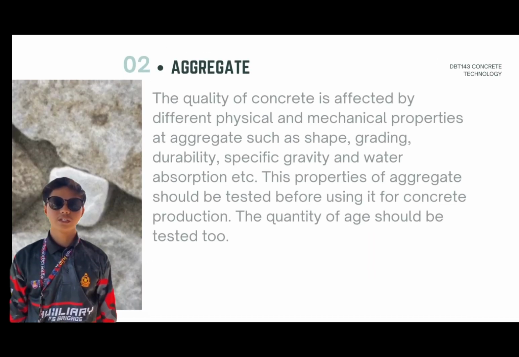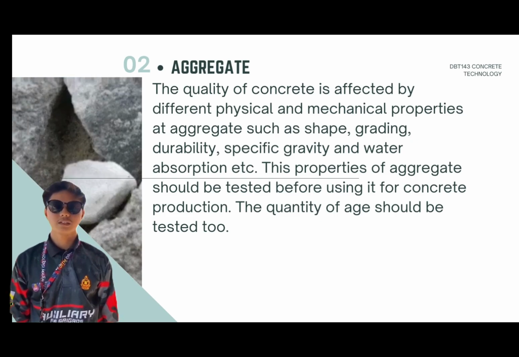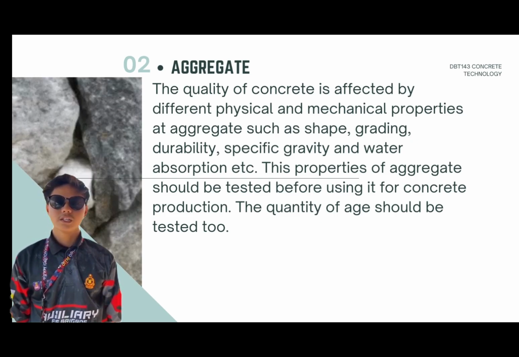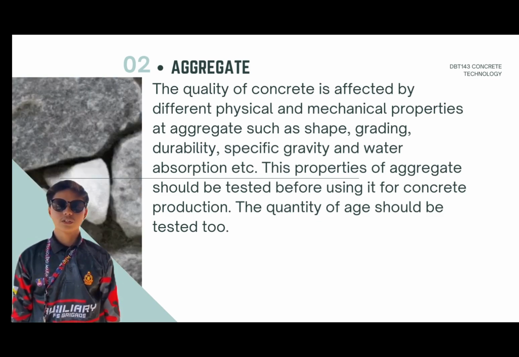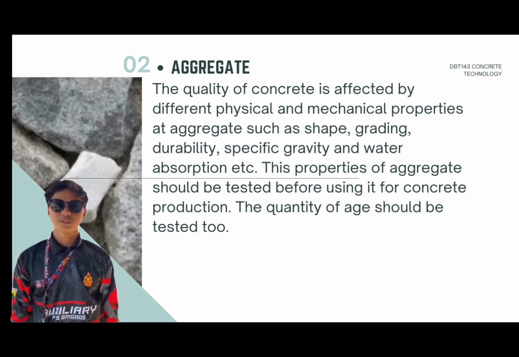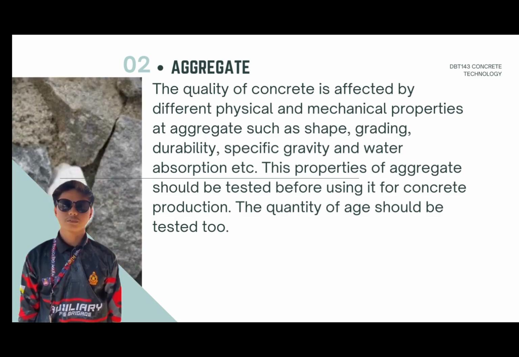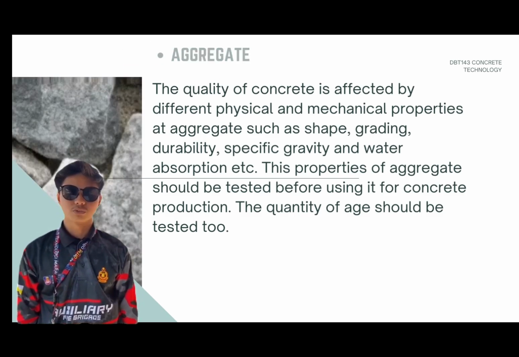Aggregate. The quality of concrete is affected by different physical and mechanical properties of aggregate, such as shape, grading, durability, specific gravity, and water absorption. These properties of aggregate should be tested before using it for concrete production. The quantity of aggregate should be tested too.